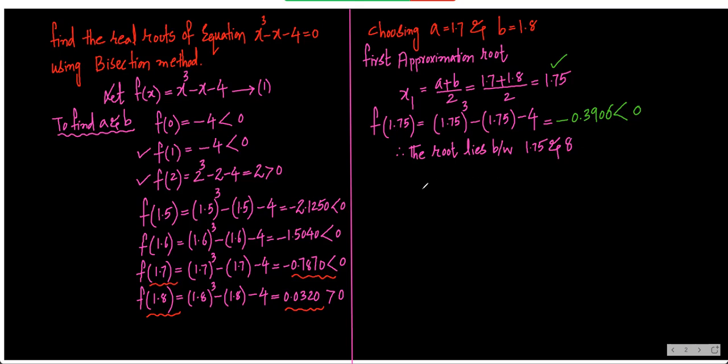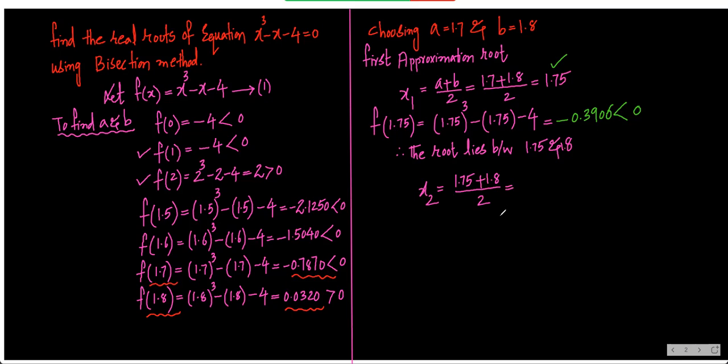So second approximate value, that is x2, is equal to the average of these two, 1.75 plus 1.8 divided by 2. Find out this answer and again substitute in our function.